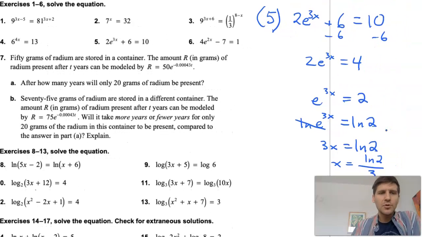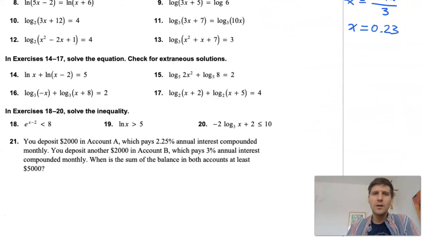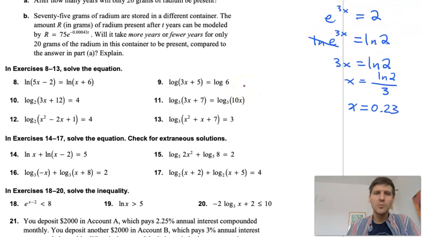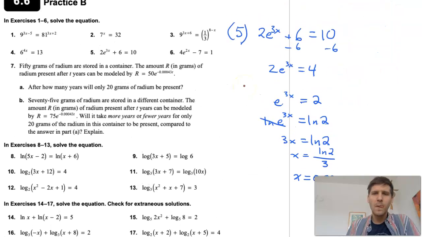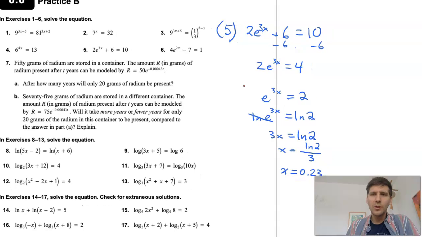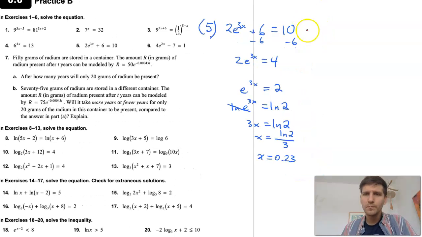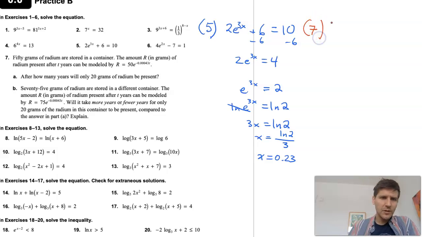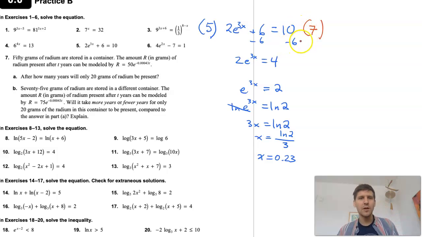Let's take a look at number 7. I'll do that one in red. I'm going to zoom out a bit so that we can see a bit more. So 50 grams of radium are stored in a container. The amount R in grams of radium present after t years can be modeled by this function.